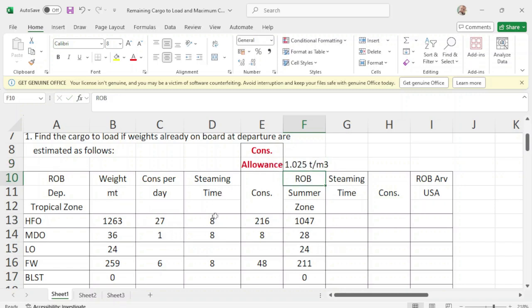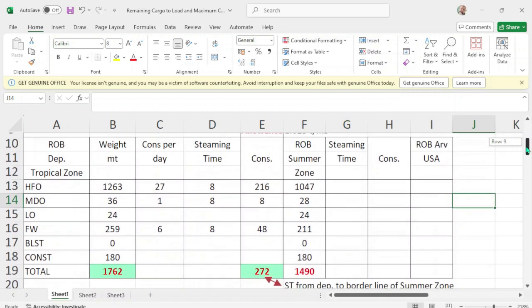It will take you 8 days, and these are the consumptions, and this will be your ROB when you arrive at the boundary.